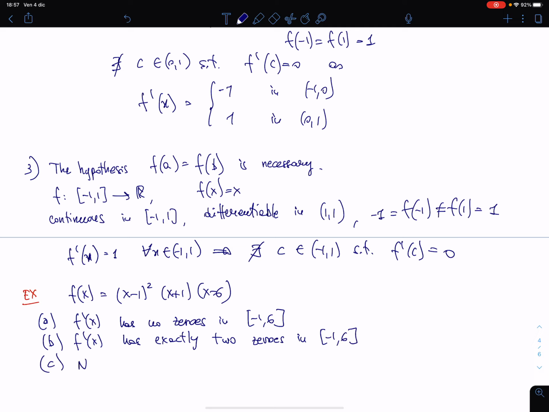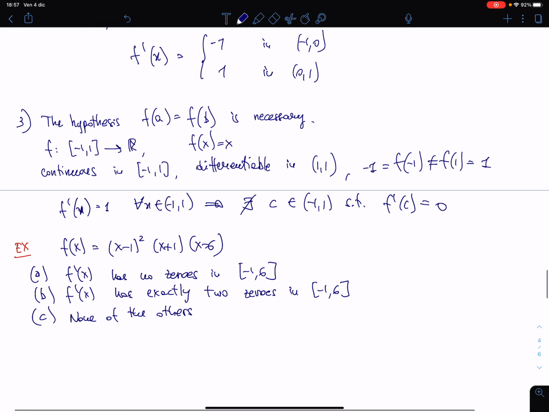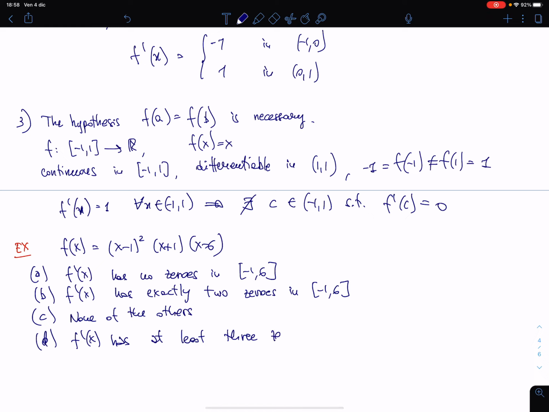C, none of the others. And sorry, there is another one. D, f prime of x has at least 3 zeros. Okay.